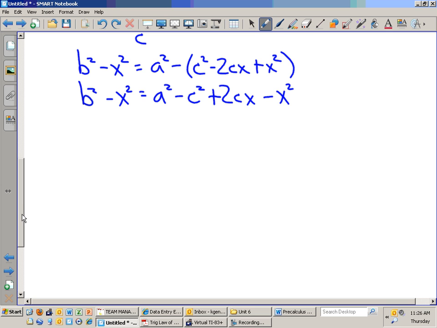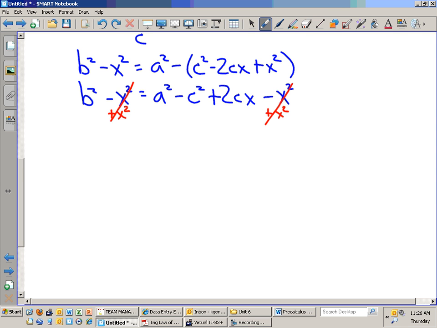Let you catch up, and we're almost done. Almost. What do you see? X squareds cancel. Add an x squared to both sides, they go away.